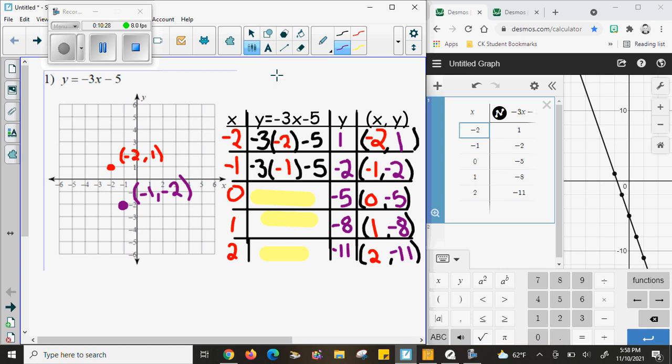Let me pick some different colors. So I'm going to do 0, -5. Start at the origin. The 0 means I don't go anywhere. But then the -5 tells me to go down to -5.